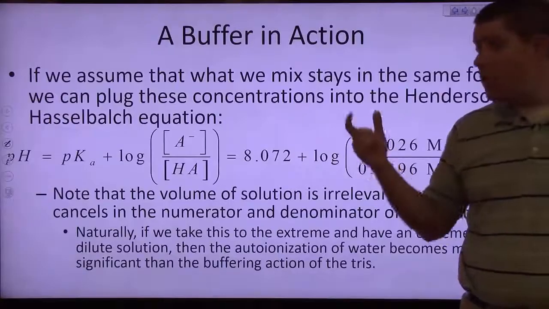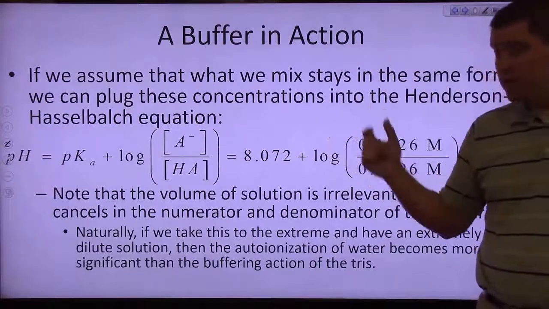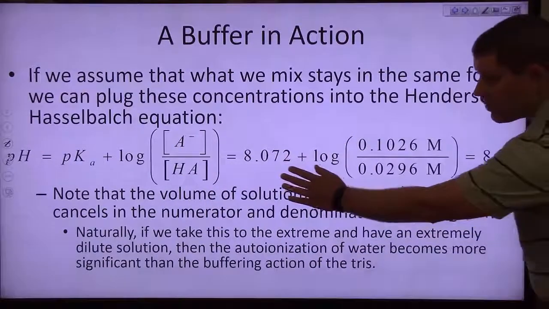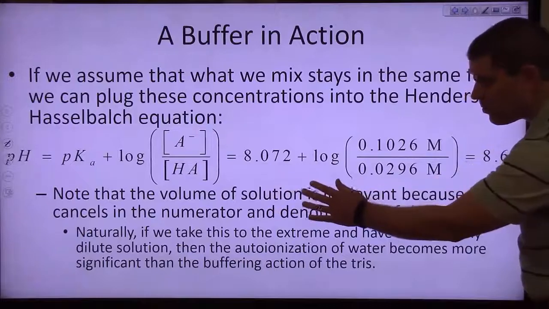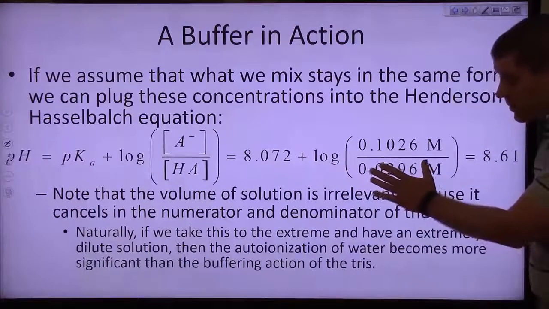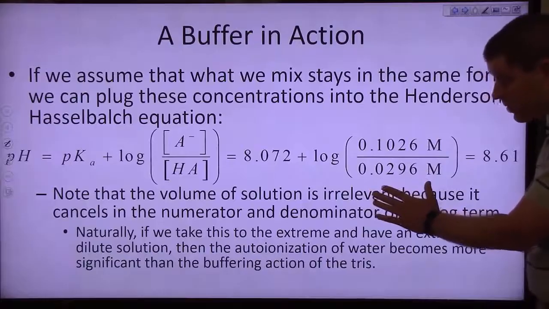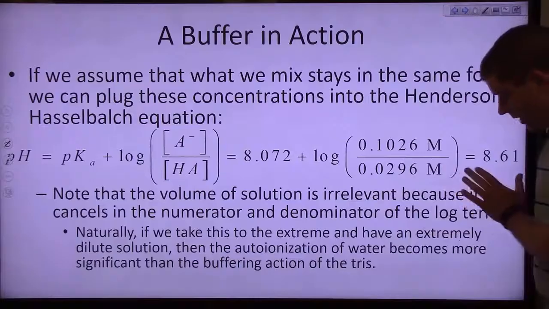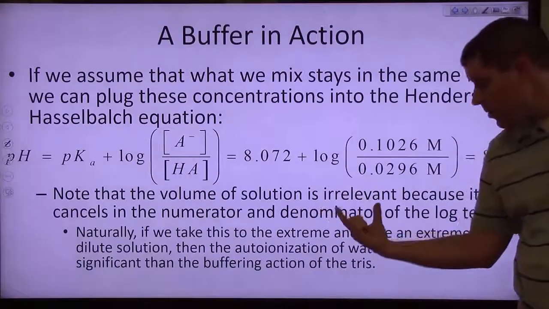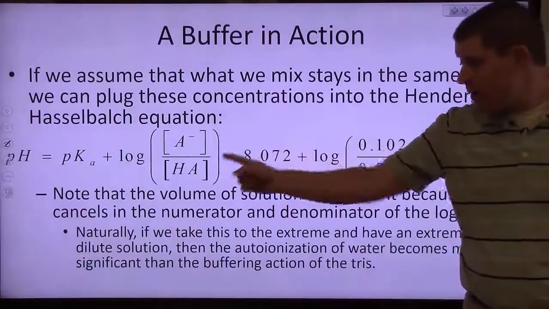Now, if we assume that what we mix stays in the same form, then we can plug these concentrations into the Henderson-Hasselbalch equation, and we get pH is equal to the pKa, 8.072, plus log base 10 of our tris concentration, 0.1026 molar, divided by our conjugate acid concentration, which is 0.0296 molar, which then gives us a pH of 8.61. Now note that the volume of solution is irrelevant because it cancels in the numerator and the denominator of this log term.